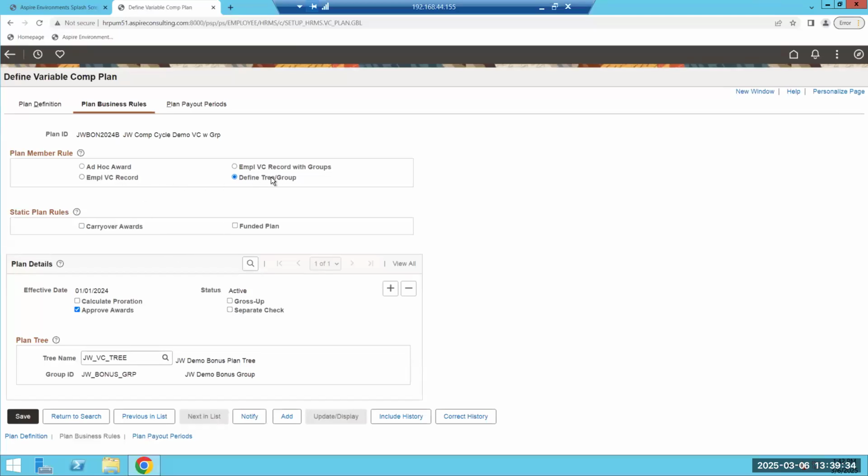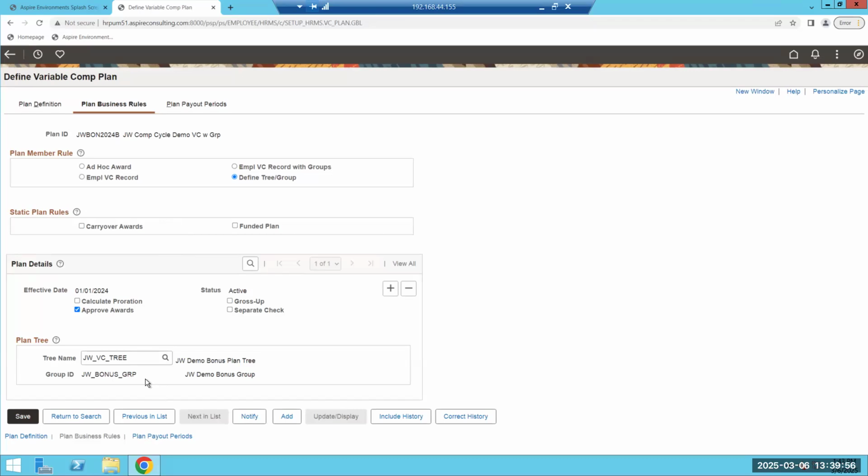So we've got a tree group defining our population. Basically we have another group with a query associated with it, or can be a query associated with it, to define our population.